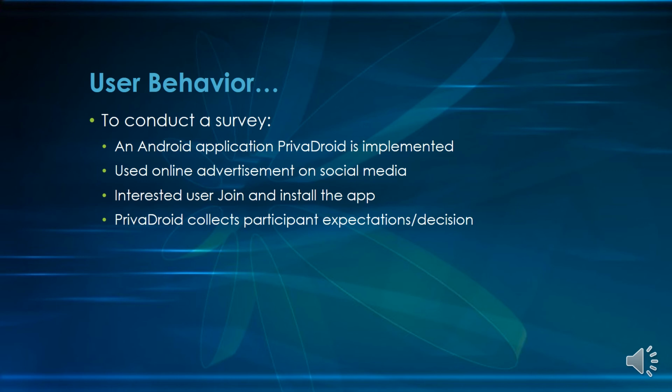Some of the participants need to answer a few demographic questions. PrivDroid records the apps installed and the permissions granted or denied, while running in the background of their phones. Upon detecting permission decisions, PrivDroid collects participants' expectations and decision rationale through a survey. PrivDroid also records any permission explanation provided by the app before requesting permission.